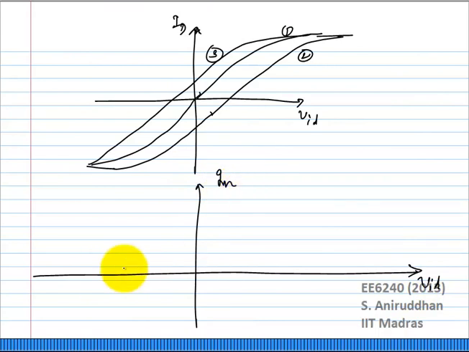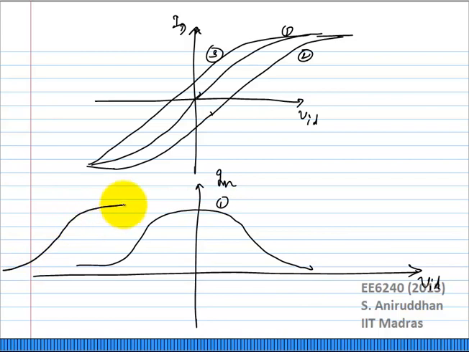Okay, so the first one will look like this. This is 1. The second one will look like this. Sorry, the third one will look like this. The second one will look like this.